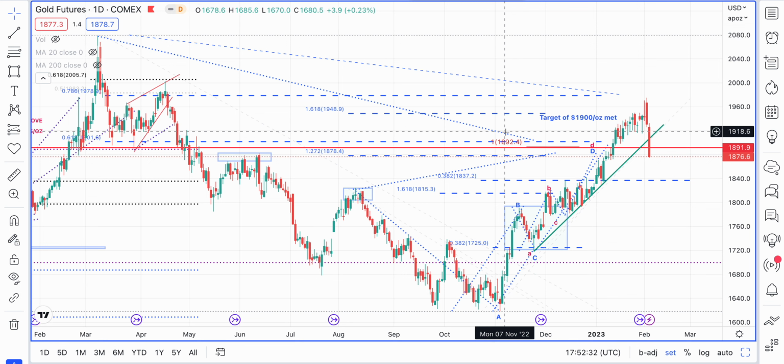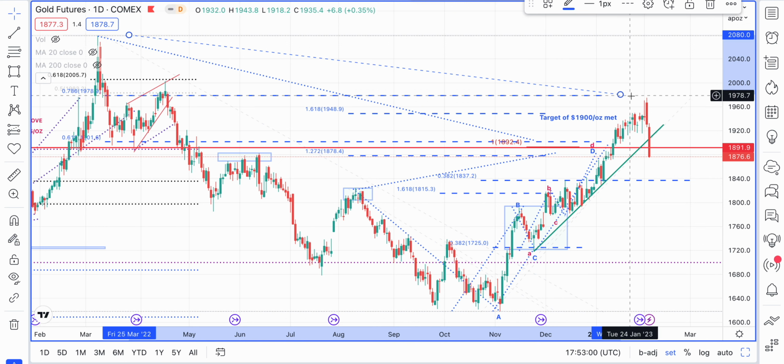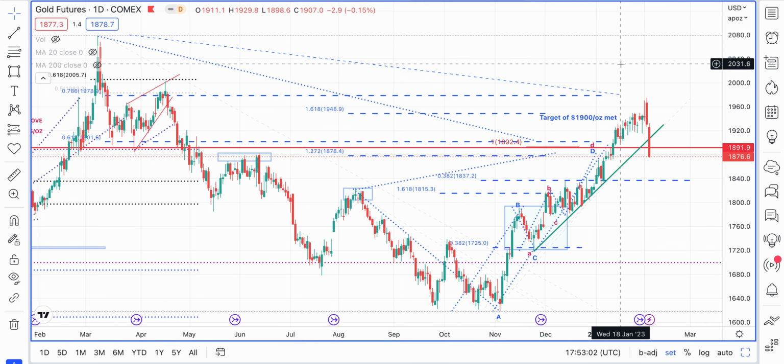In the last video, and I'll put a link to that, we mentioned we were looking at 1978, which is the 78.6% Fibonacci retracement level, as the point where the market could reach. For the moment we didn't have any higher targets, and we were watching how the market would trade when it reached that level. We had even drawn this dashed line to show where the 78.6% resistance level was coming.